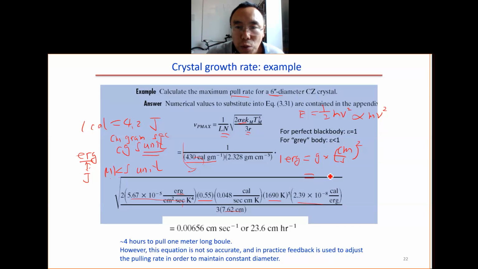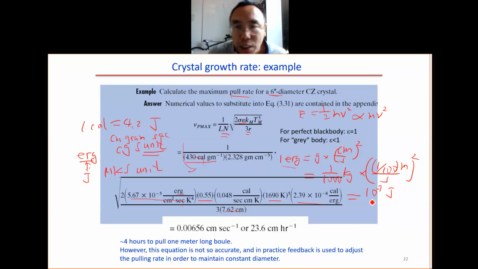This equals 1 over 1,000 kilogram times 1 over 100 meter per second, squared, because 1 centimeter equals 1 over 100 meter and 1 gram equals 1 over 1,000 kilogram. Totally we have 10 to the power minus 7 joule. So 1 calorie equals 4.2 joule, and 1 erg equals 10 to the power minus 7 joule.